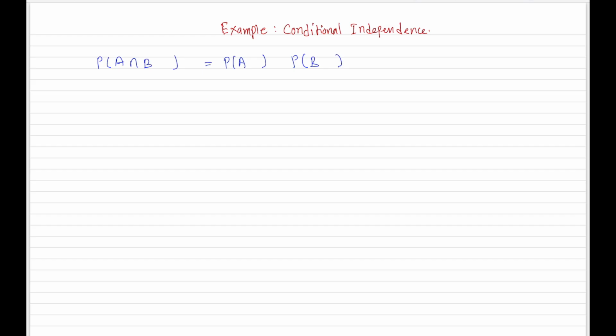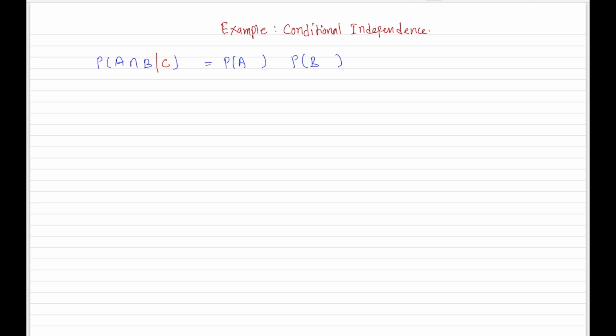When we applied it to random variables, we talked about these events in terms of the random variable, right? Now we have already seen this case. Let's say under this evidence C, if these two events A and B are independent, then what will be the definition of this conditional independence?